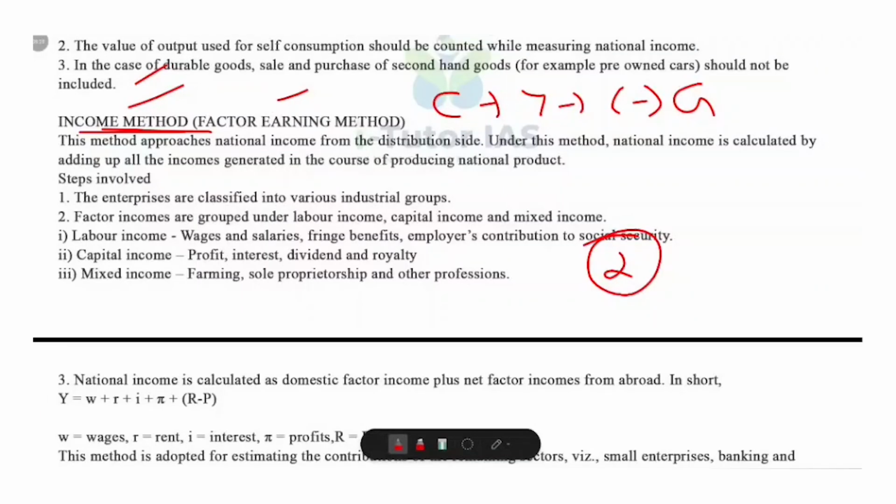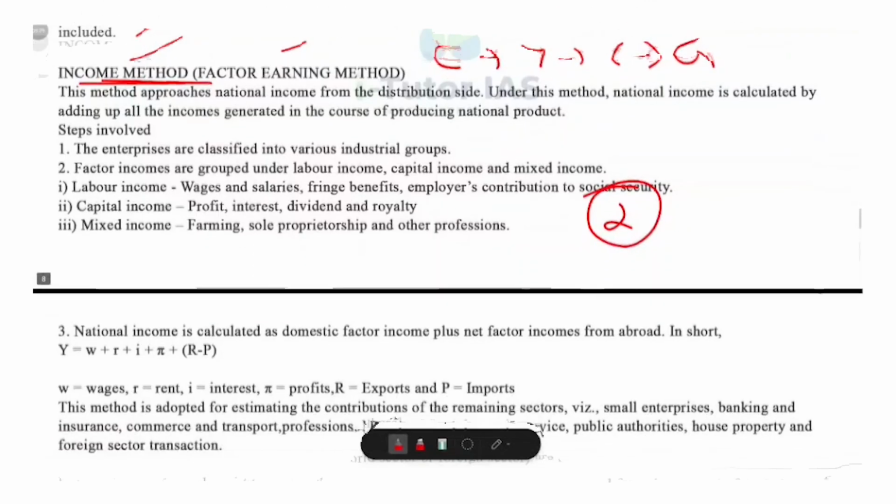Then, what about capital income? Profits of companies, interest, dividends, royalties. Then mixed income like income from farming, small businesses, self-employed professionals, all these are added up. So in the income method, we will add up all the money people earn to produce goods and services.